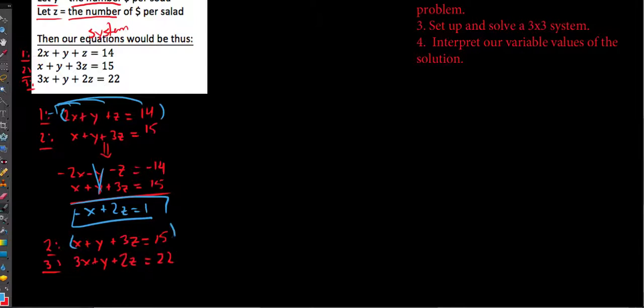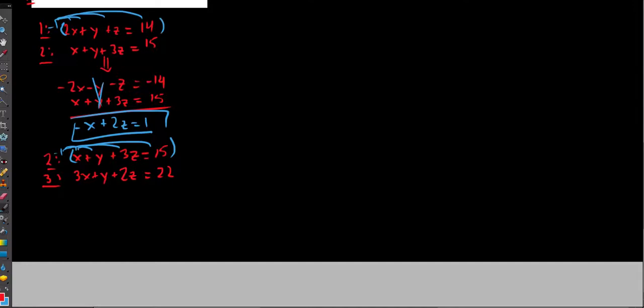And let's multiply our second equation by a negative 1 to scale our y coefficient here. So underneath, we'll scroll down a little bit of room. We get negative x minus y minus 3z equals negative 15. And again, our third equation we did not modify in this particular instance. So 3x plus y plus 2z equals 22. Let's add these up, getting our y's to cancel. We get left with 2x, and we get left with a negative 1z.